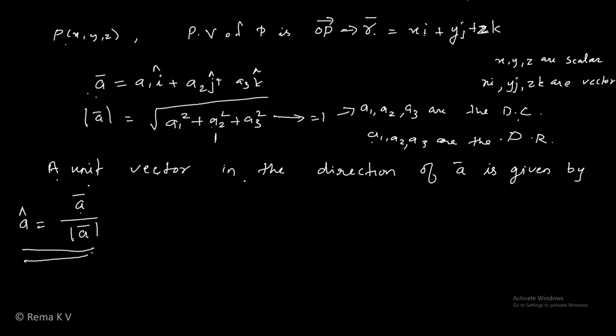A unit vector in the direction of vector A is given by A cap is equal to vector A by modulus of vector A.